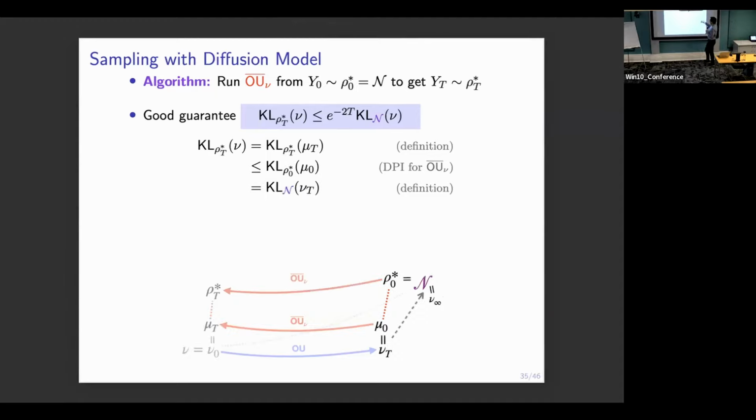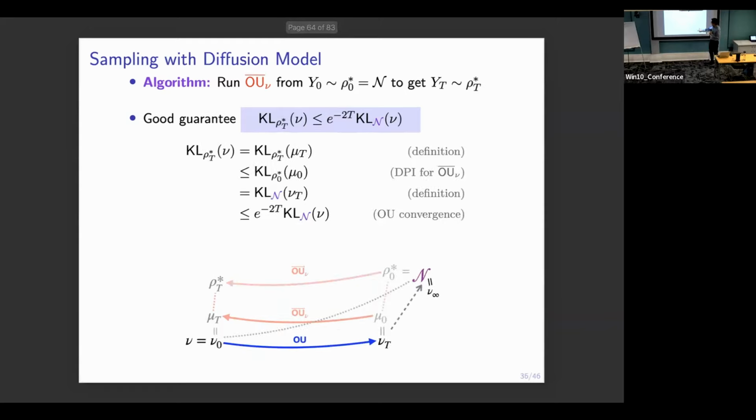And then by definition, all of these quantities are just KL divergence between the Gaussian and this output mu sub t. But now we know that this is the output of the forward OU process, and we know that this is bounded by this exponential factor times something that only depends on the target nu, right? The KL divergence between the target and this Gaussian here.